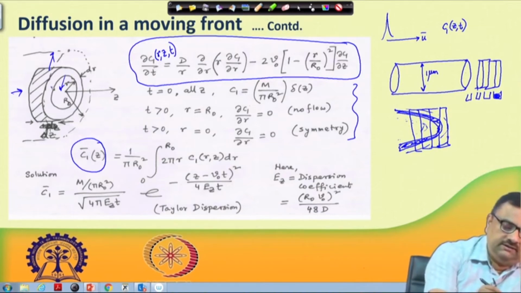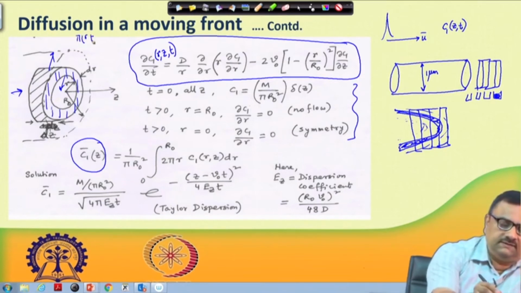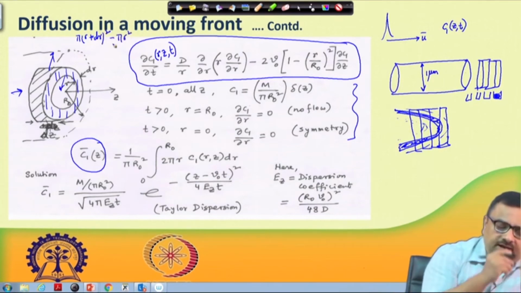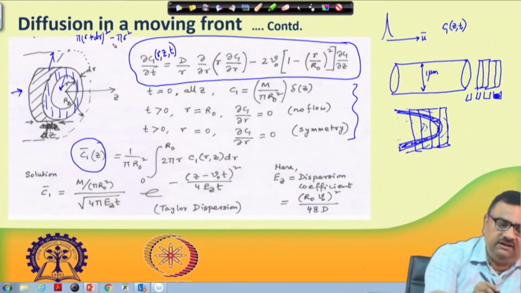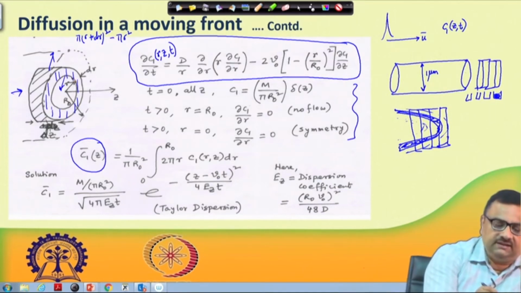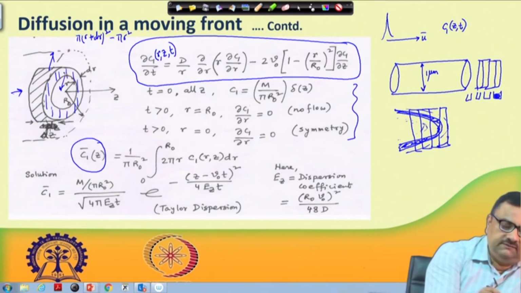This hatched cross sectional area is pi times (r plus dr) whole squared minus pi r squared, and if you ignore the pi (dr) squared term because dr is small, you end up with this area as 2 pi r dr. So what is the volume of this washer shaped element? It is 2 pi r dr multiplied by dz, so 2 pi r dr dz.